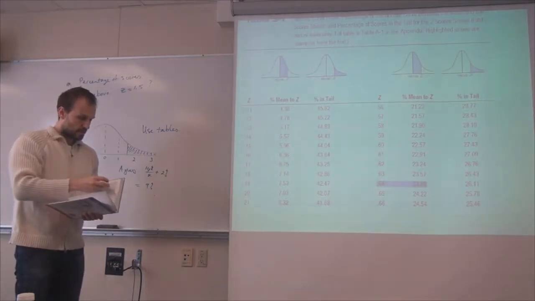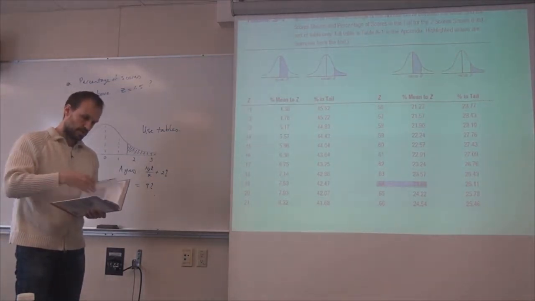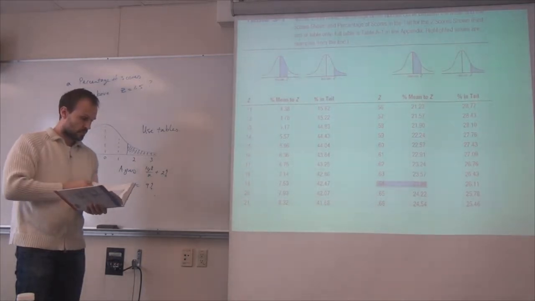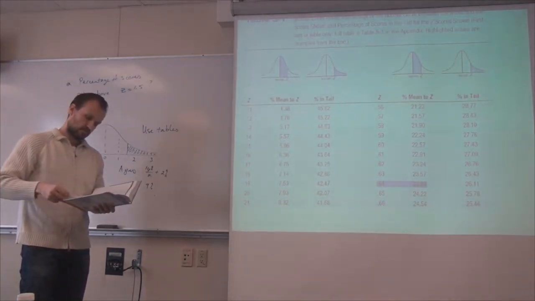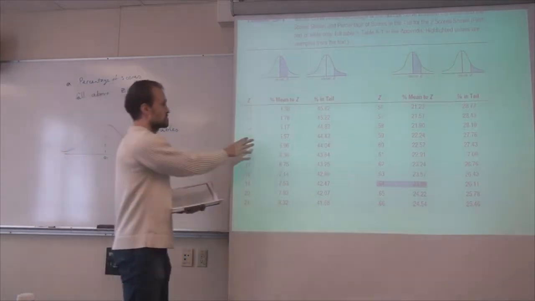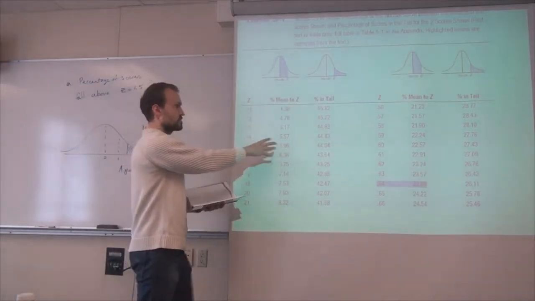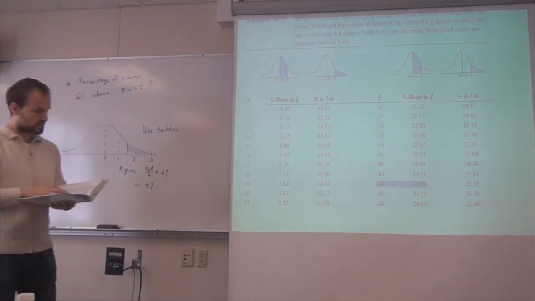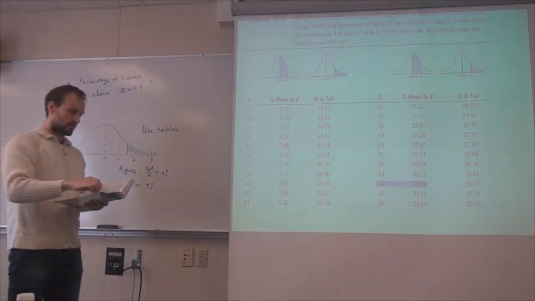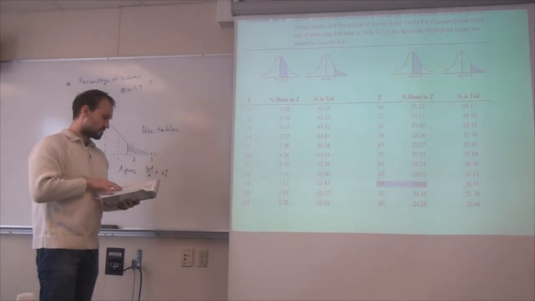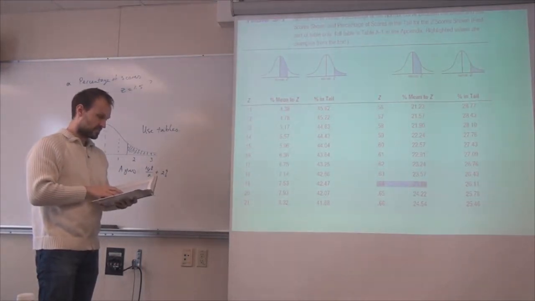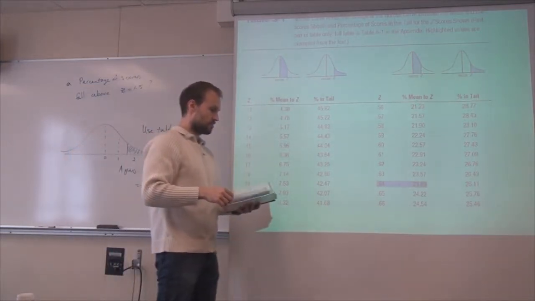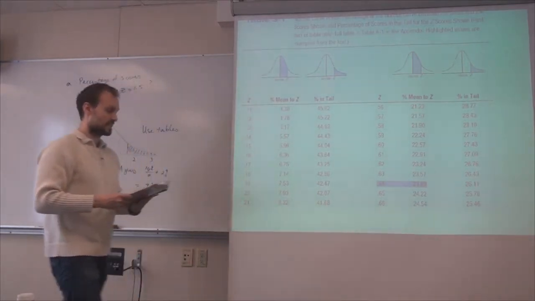Where would that be in the textbook? 675. 673 is this one, roughly, or some of these. These are on 673. It goes to 674, 675, 676, and that covers the Z values that we need.